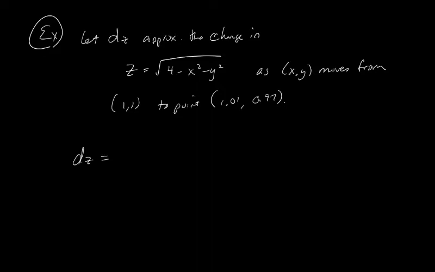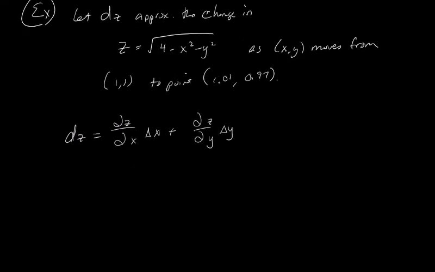So dz is going to be equal to the partial of z with respect to x times delta x plus the partial with respect to y times delta y. So partial of z with respect to x, delta x, plus the partial of z with respect to y, delta y, not dy, delta y.